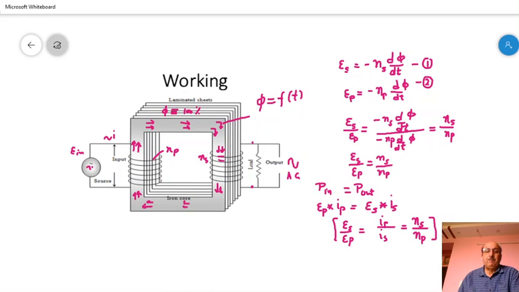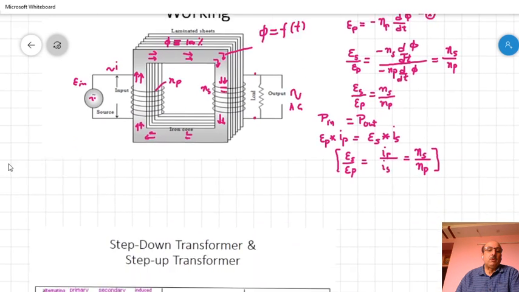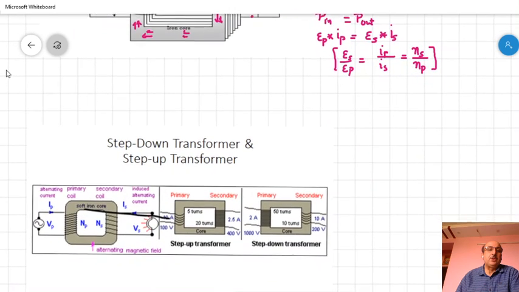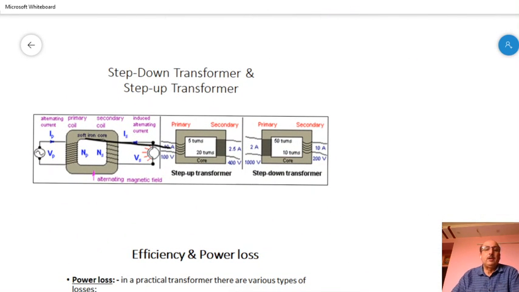Now, there are two types of transformer. The first one is the step down transformer, and the second one is the step up transformer.